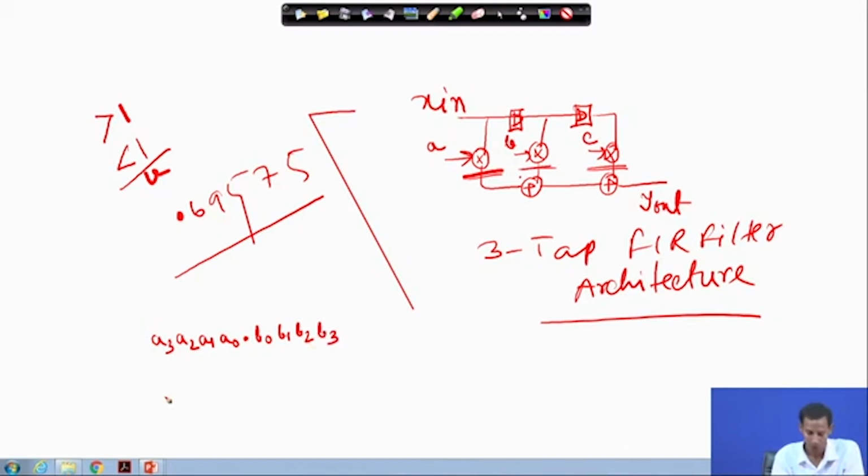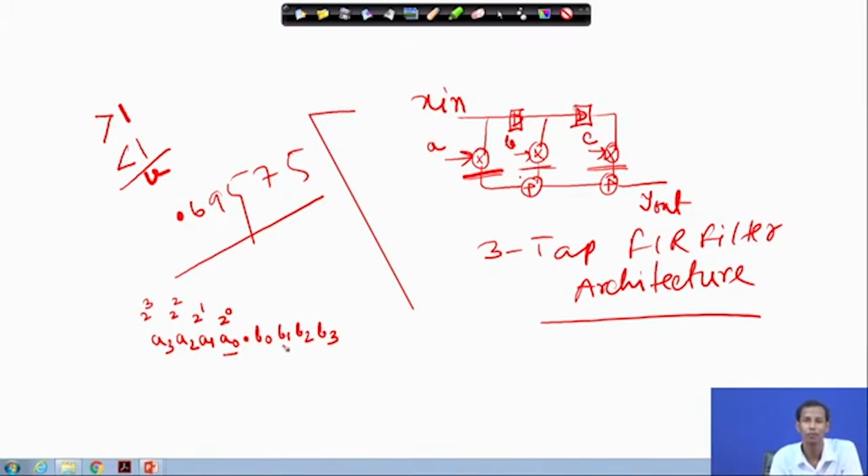If I consider the decimal point at this particular position, the weight for these will be 2 to the power 0, 2 to the power 1, 2 to the power 2, 2 to the power 3. Before the decimal point, the corresponding bits correspond to weights in powers of 2.